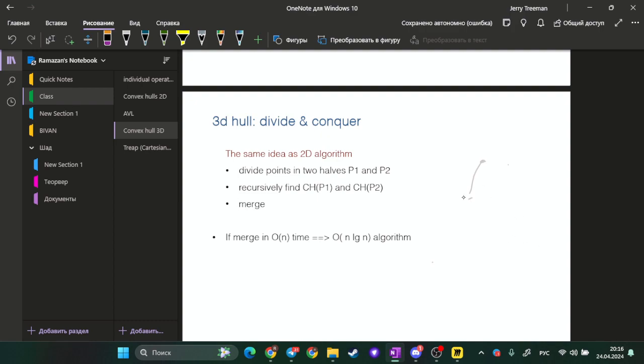Let's consider two convex hulls, two random convex hulls that we need to merge. How can you do this? As I remember correctly, you need to find a line.